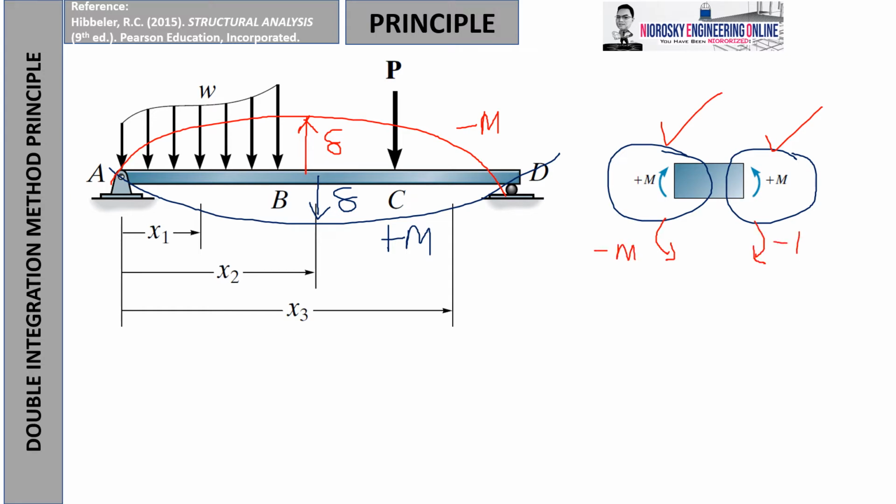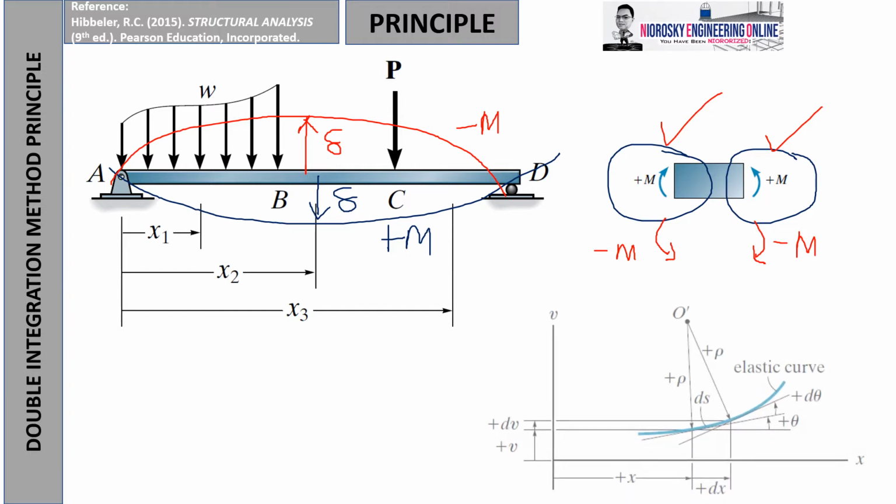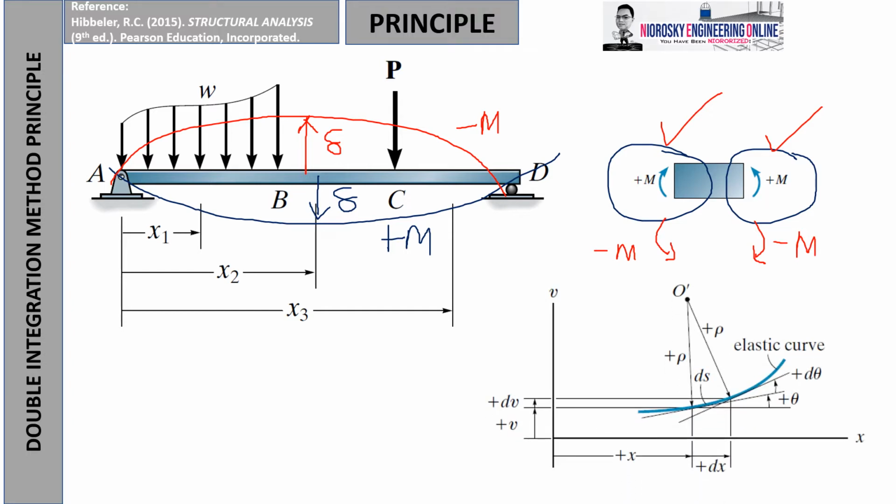But the concept is, why does it bend like that? Of course, with respect to the property as illustrated earlier, there is what we call the elastic curve. That is the measurement of the sudden change in the slope at every point with respect to the horizontal axis.